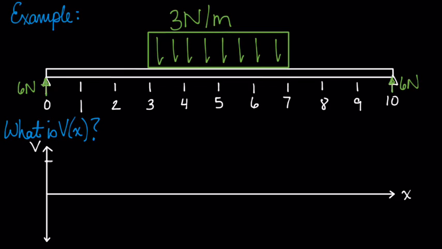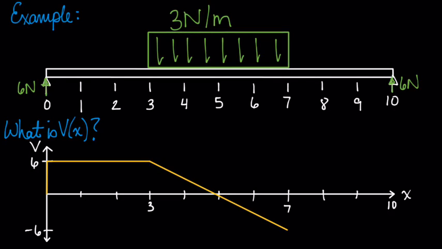And how can I model this? Well, here's a graph. X equals 0 to X equals 10. I have shear here on the vertical axis. And so I said that V of X was constant at 6 newtons from X equals 0 to X equals 3. And there's a downward force linearly growing from 0 to 12.